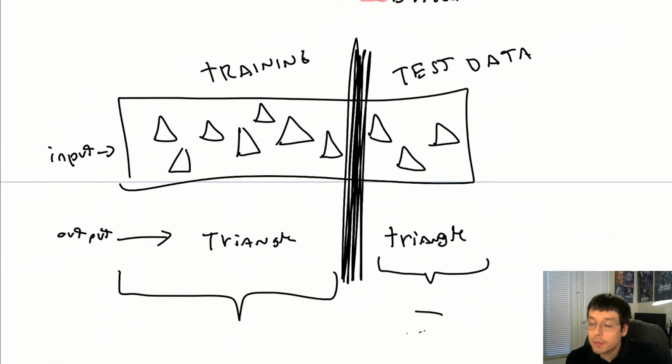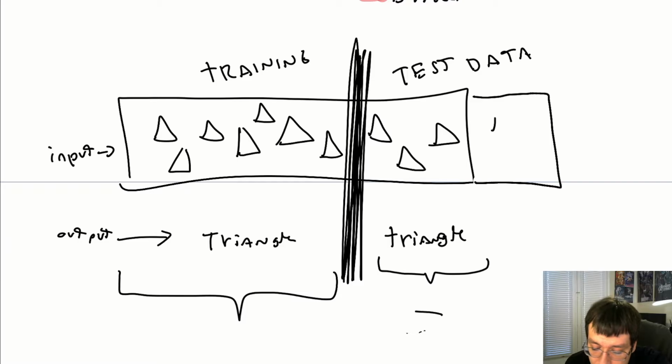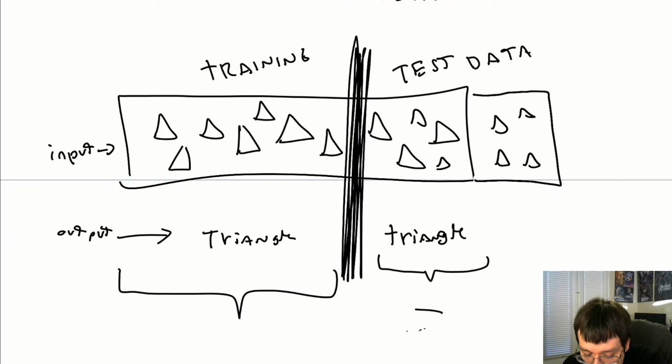Well, sometimes they'll split this into a third piece. So they'll actually leave a little bit more of the data set, maybe a couple more triangles in here, and I really should have at least 2 more there. So maybe they leave something like this. And then this piece they call the validation.